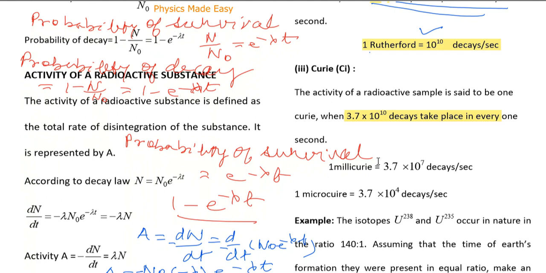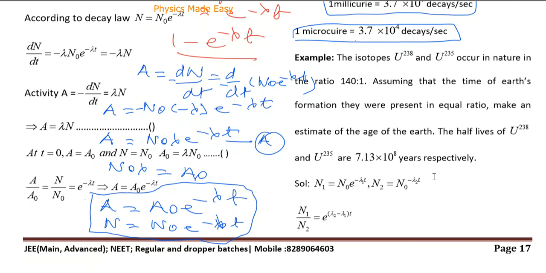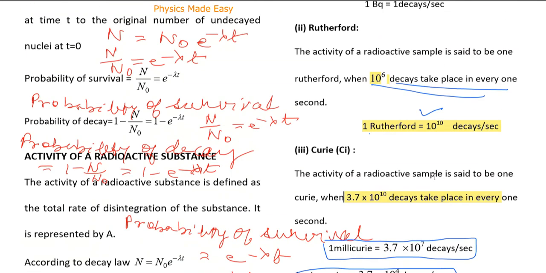The most popular unit is the millicurie. Millicurie is 3.7 into 10 raised to power 7 decays per second. 1 microcurie is 3.7 into 10 raised to power 4 decays per second. So these were the important units, and Rutherford is also an important unit.